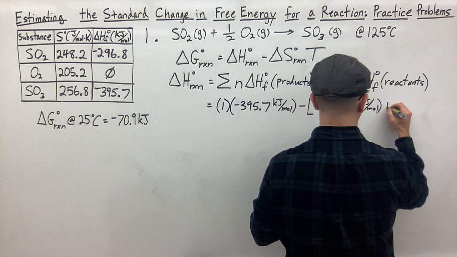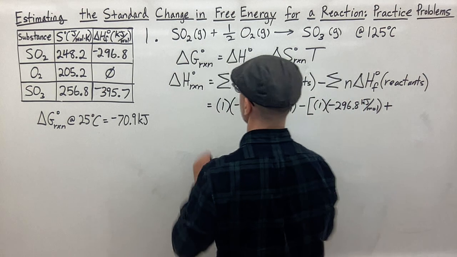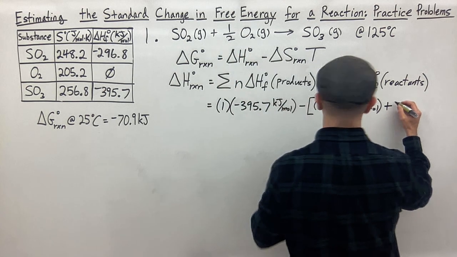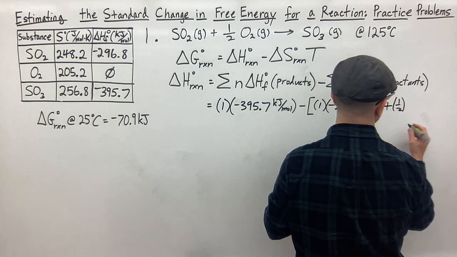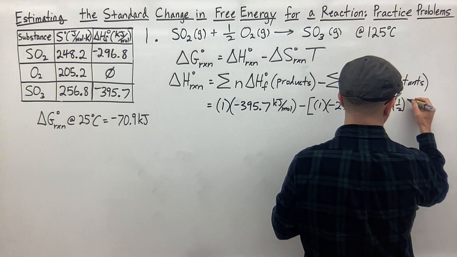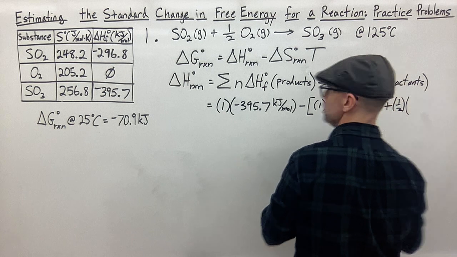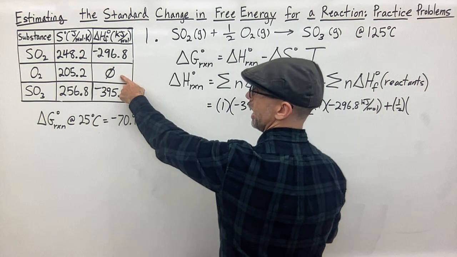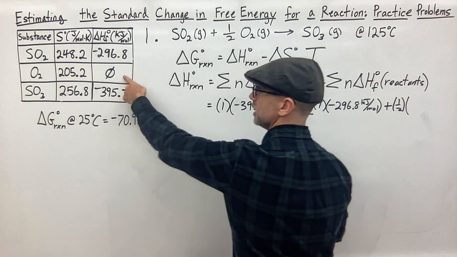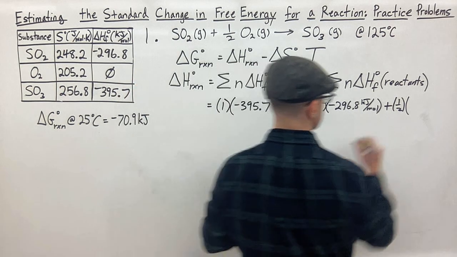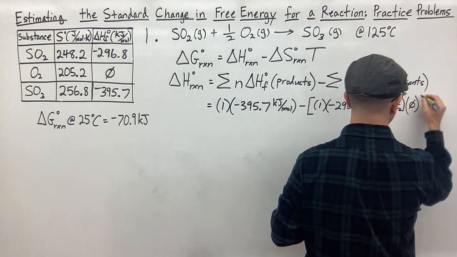And then add to that oxygen. Oxygen has a 1/2 there, and we're going to multiply that by 0 because any element in its standard state has a standard heat of formation of 0.